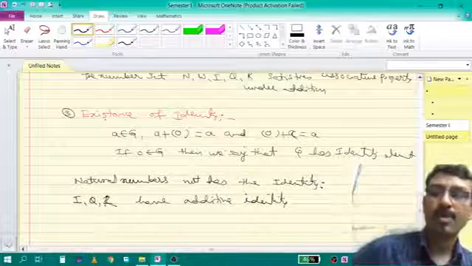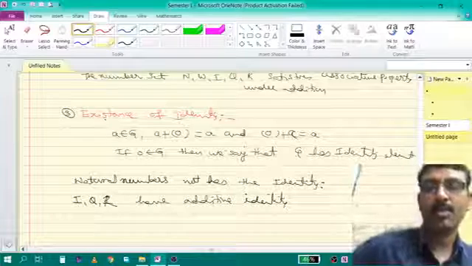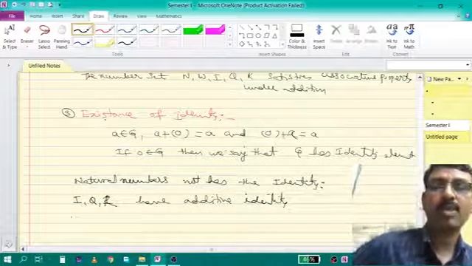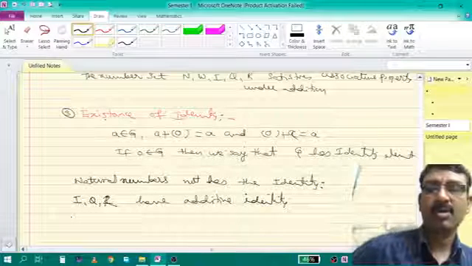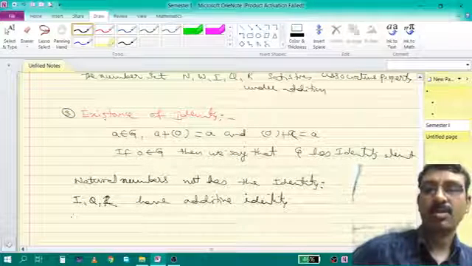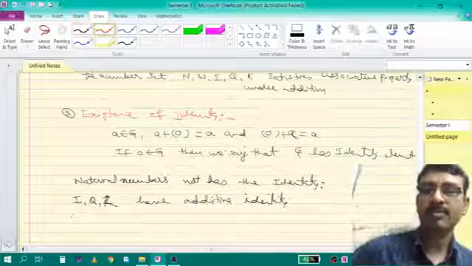Okay. So generally 0 is the additive identity and 1 is said to be multiplicative identity. Why? Because if you multiply 1 with any number, we get the same result. So 1 into 2 is 2, like that.